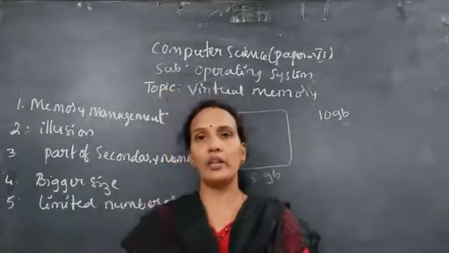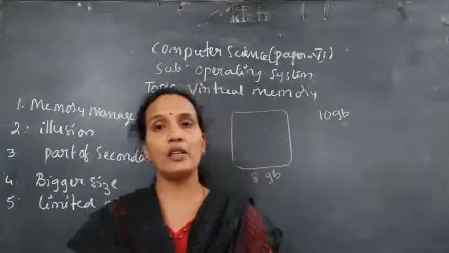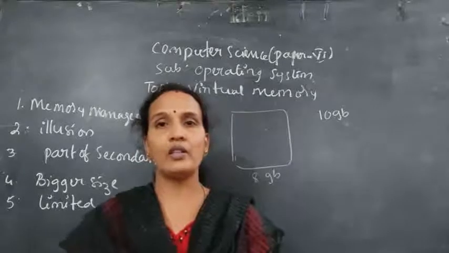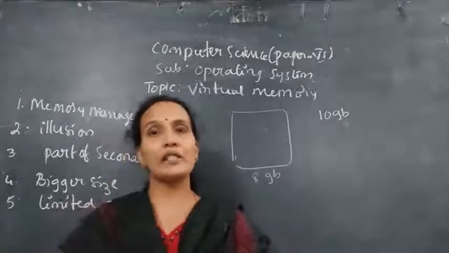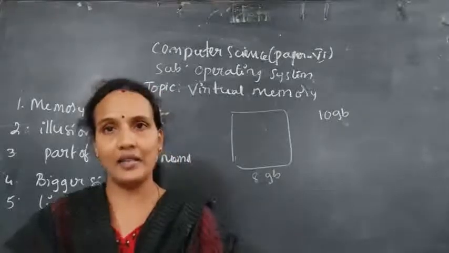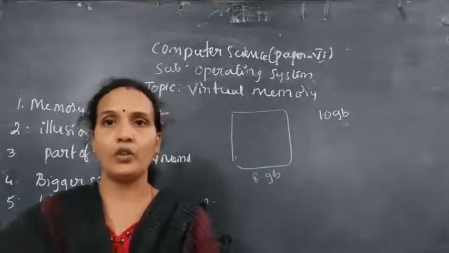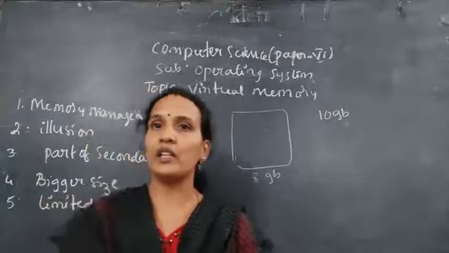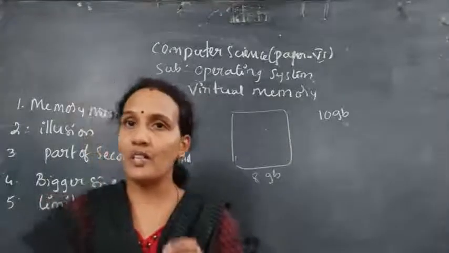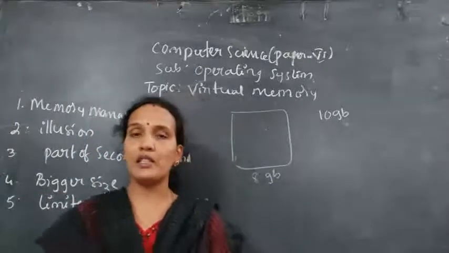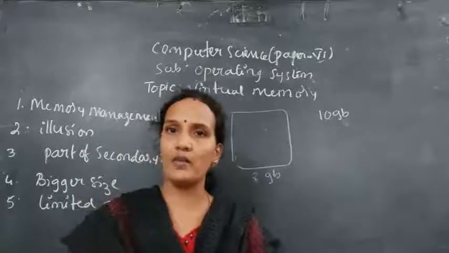Actually, it is not located in the main memory. Whenever the user is requesting more memory, at that time the part of the secondary memory is converted into main memory to provide the user a convenient environment to execute a program. Understood? So what is virtual memory? Virtual memory is nothing but a memory management technique.